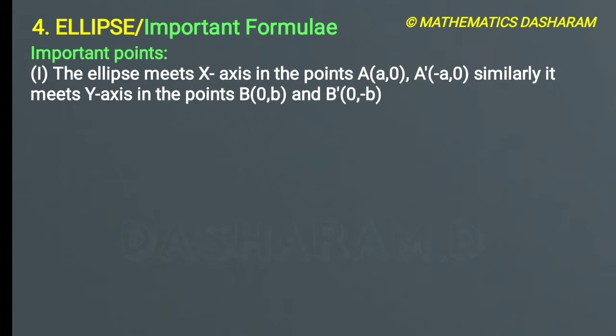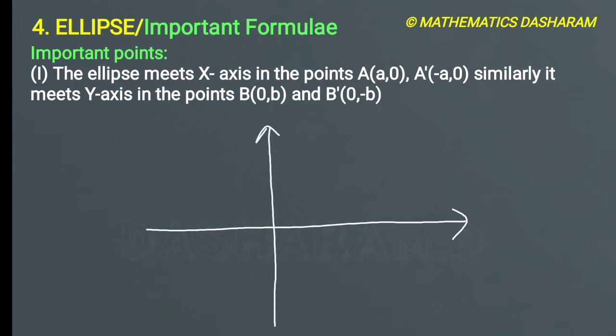Important points. The first one: the ellipse meets the x-axis in the points A (a, 0) and A dash (minus a, 0). Similarly, it meets the y-axis in the points B (0, b) and B dash (0, minus b). Let's take an x-axis and a y-axis and draw one ellipse. Here the ellipse meets the x-axis at A and A dash.